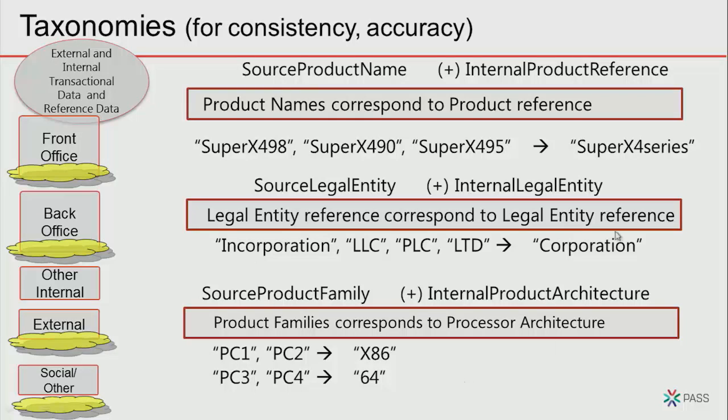And so we created the mappings, the taxonomies for this, that then ended up becoming part of that conformed data. All right, so now you have that available, so you can spin cubes off of Super X4 series, and you never could do that before, because we had the data only in this other unresolved form. That was an amazing thing, because now you actually are reporting on the right stuff. All right, so that's part of data quality, by the way.